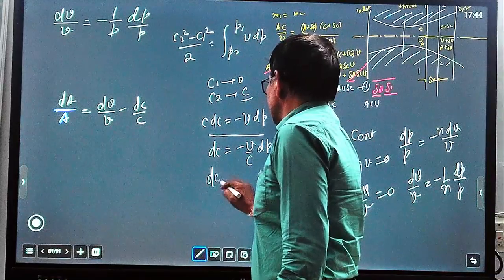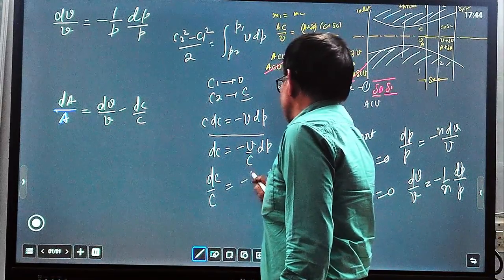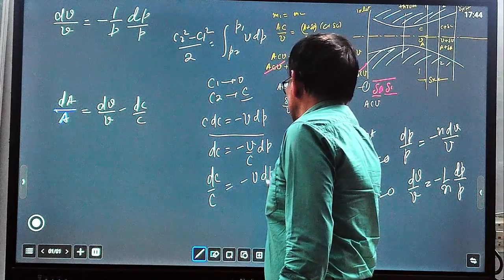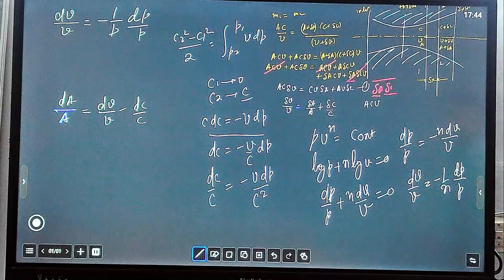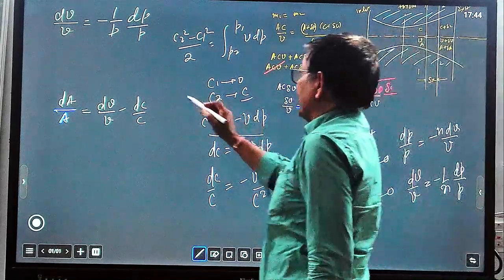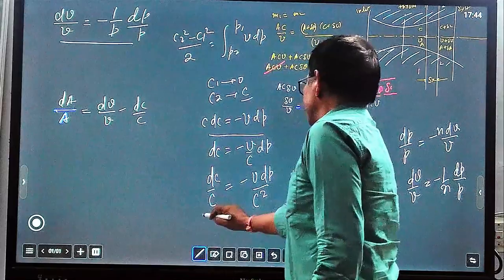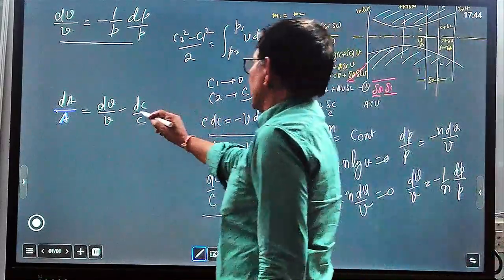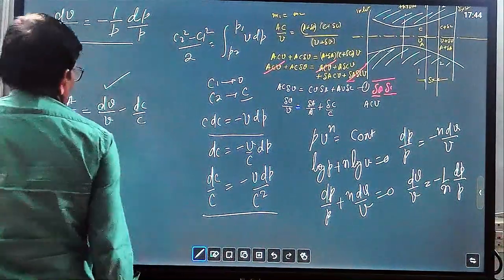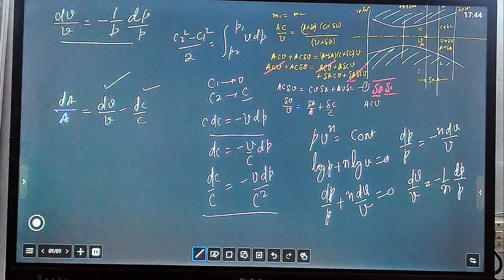So dC by C equals minus V dP by C square. Now we put these two values, dV by V and dC by C, in the equation.